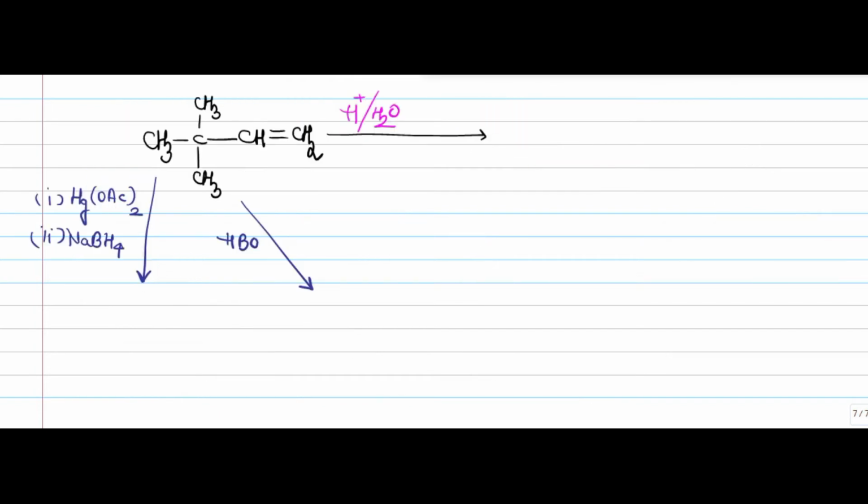So as I was talking about comparing the 3 different reactions of alkenes producing alcohols, let us understand what products we get.